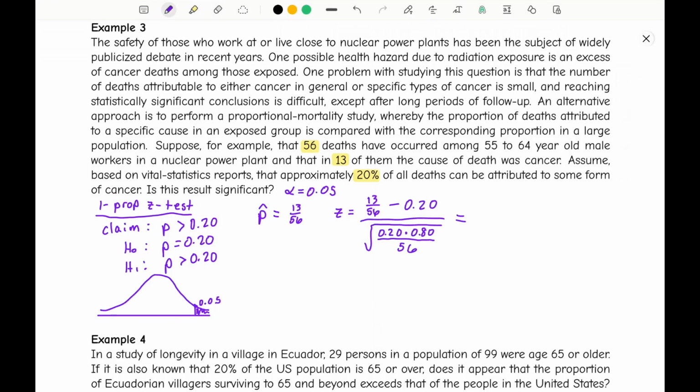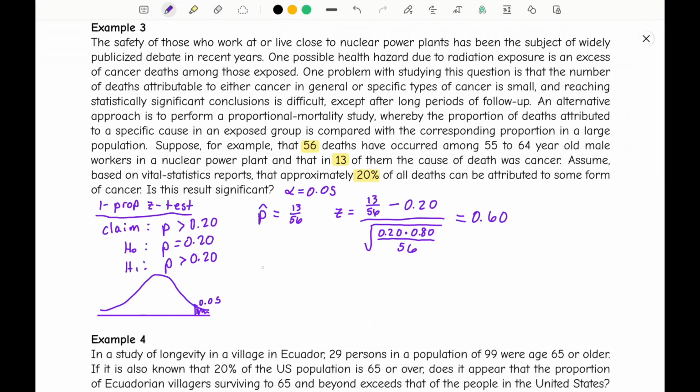So if I go ahead and plug that into my calculator, I'm getting 0.60. That's good for a z-score.